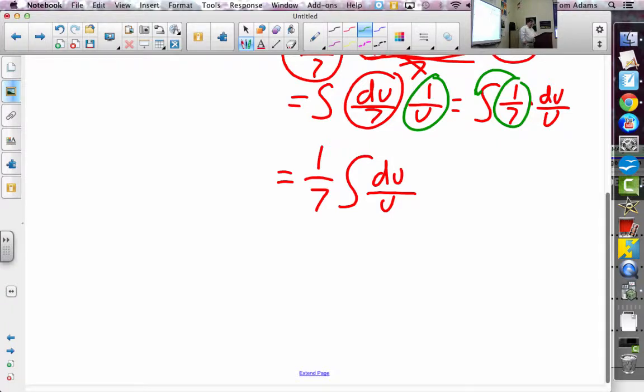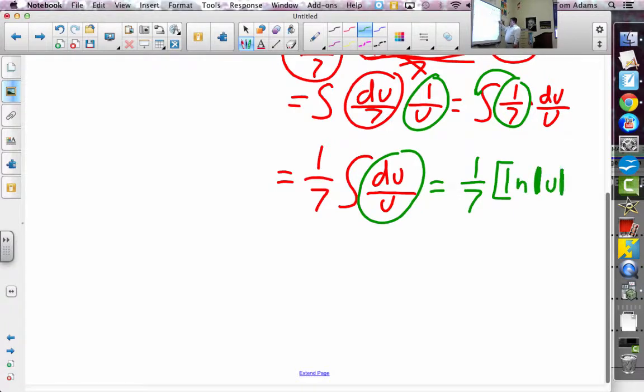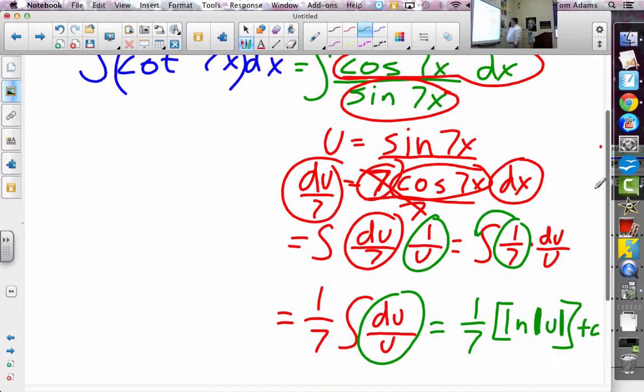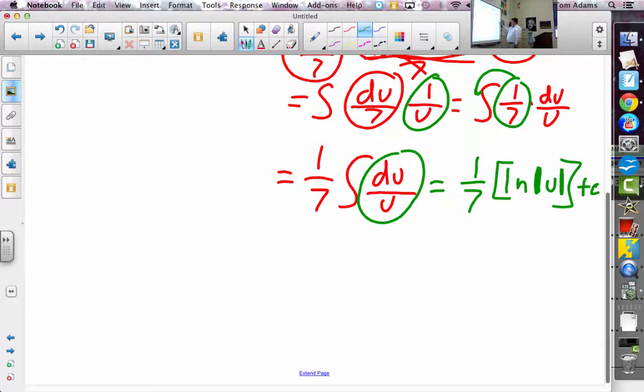Well, we know that the antiderivative of u prime over u is simply going to be the natural log. So we've got the 1/7 tossed to the front, but then the antiderivative of this is the natural log of the absolute value of u. We don't have an upper or lower boundary, so we're just going to tack on my plus c at the end.